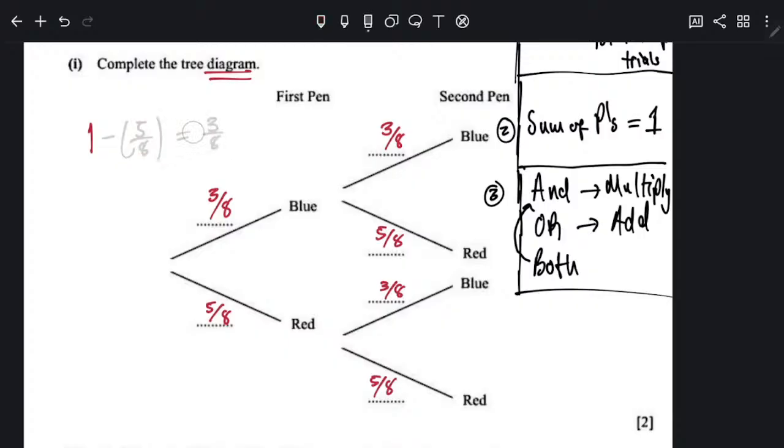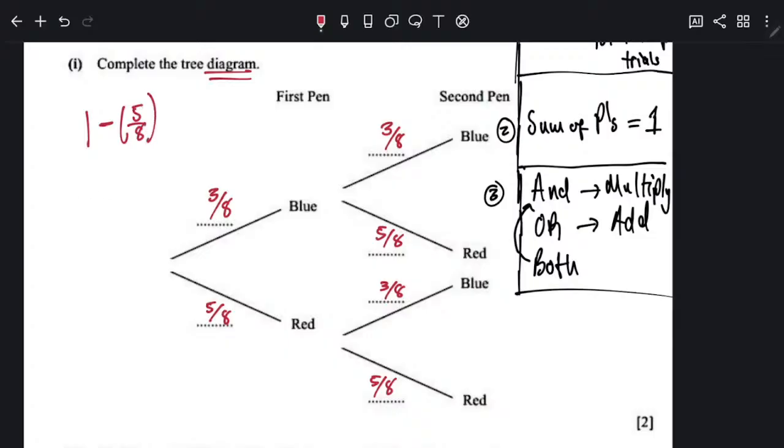Now we have a tree diagram. Simple, because we were replacing. That's why nothing changed. Yes, Ms. Vita? Be careful there. 1 minus open bracket 5/8.